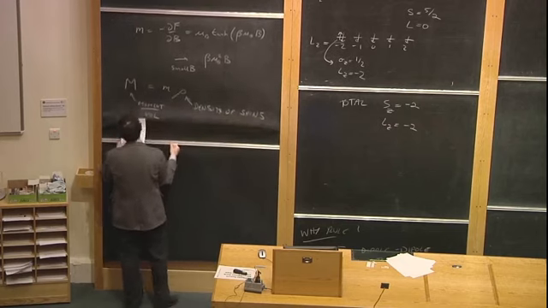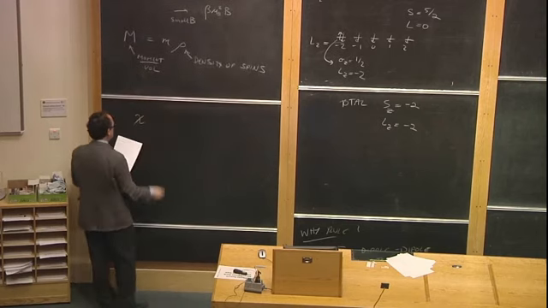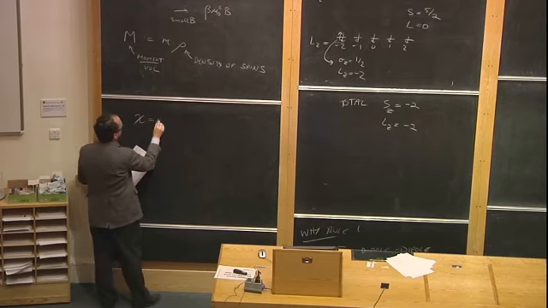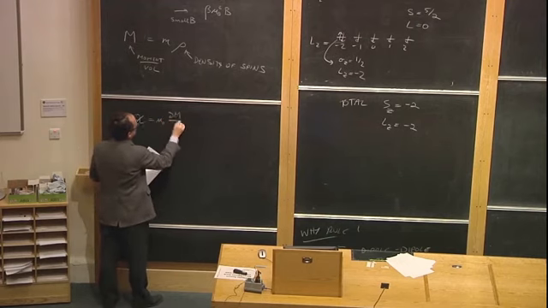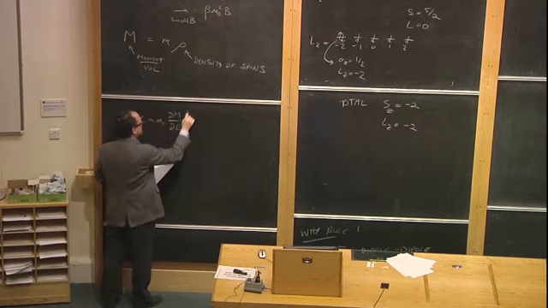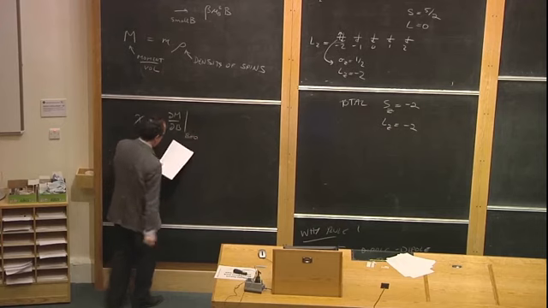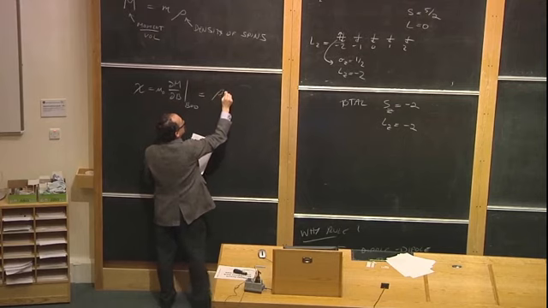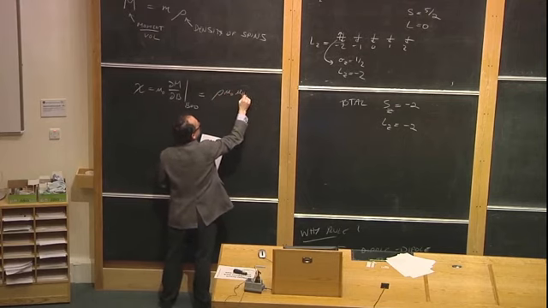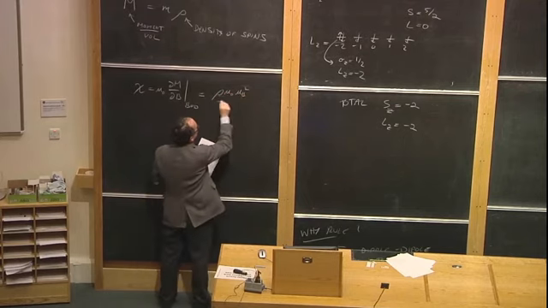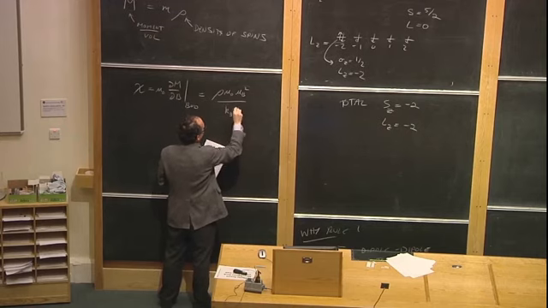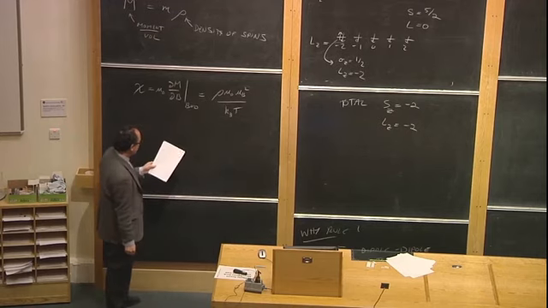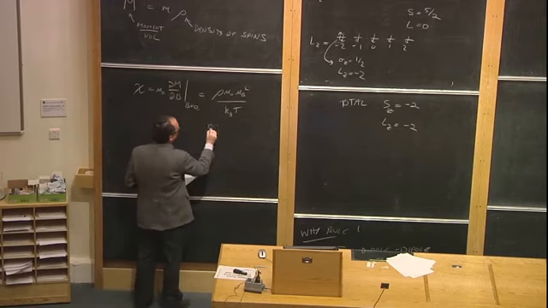And then we can get the susceptibility, chi, which is by definition mu naught dM dB taken at B equals 0. If you go through and take that limit, you get rho mu naught mu B squared over kBT, which hopefully looks familiar from last year. This is known as Curie's law.